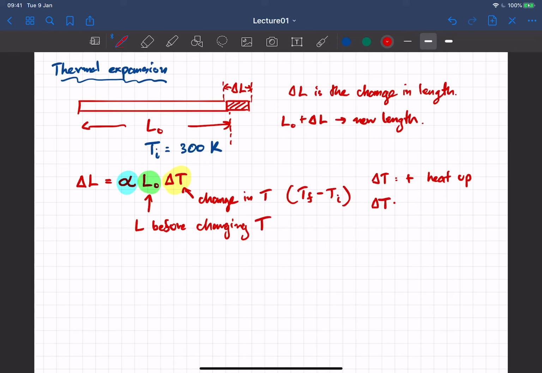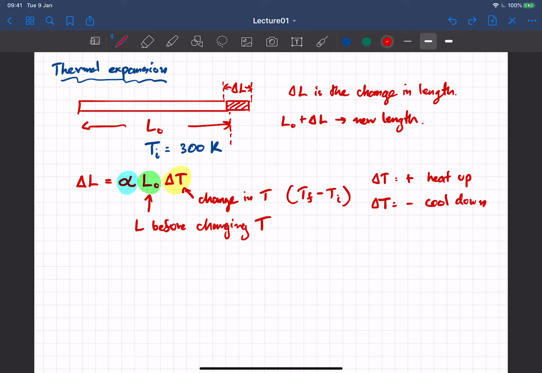Delta T is negative when you cool down. That's the sign of delta T. Every other parameter is positive. Length is positive, obviously. And alpha, well, some materials have negative alpha, but we are not going to talk about that. Let's assume that alpha is also positive.